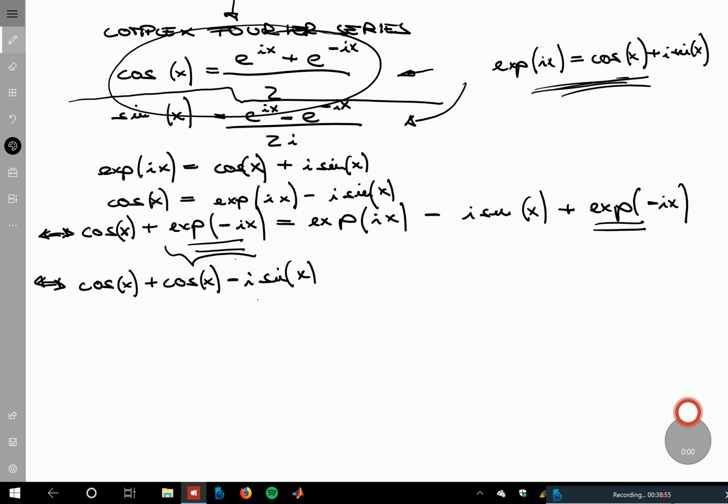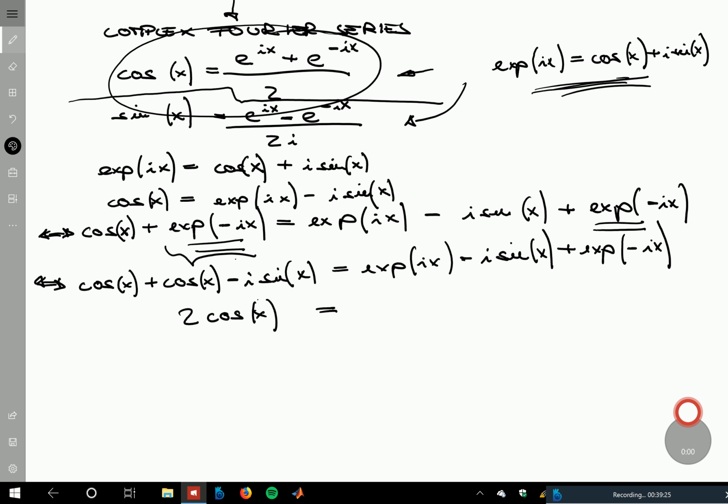And here we actually have the same thing. So this is why I didn't want to go over them, because it's just, again, a little gritty and really not that interesting. So on both sides, we have this minus i sine x term, which we can add on both sides, so we get rid of it. And we have 2 cos x here.